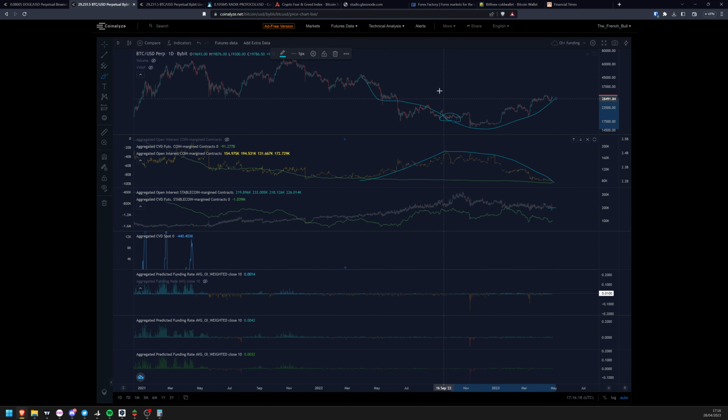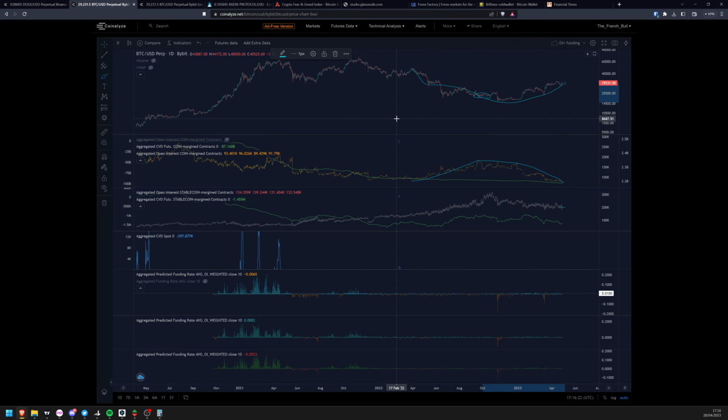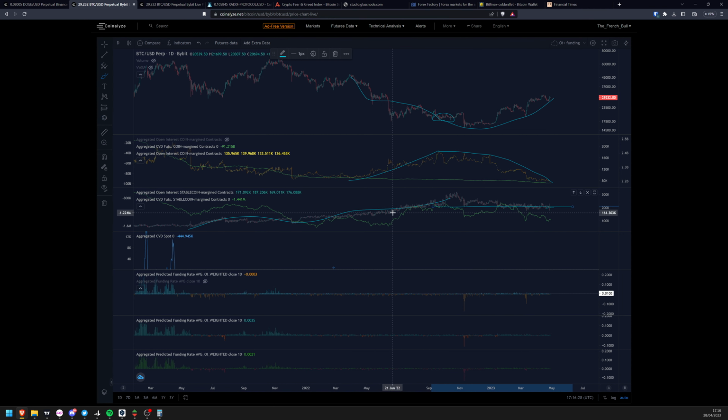At some point you would like to see open interest go up with price to be a bit more healthy. USDT there is still a lot overall. But there was a lot of short squeeze as well. Now it's rebalancing.